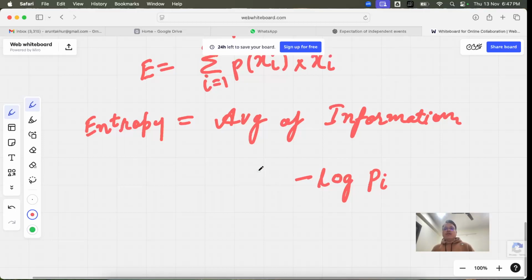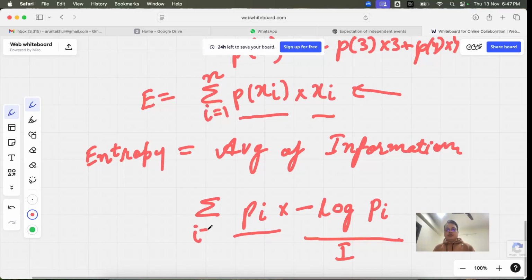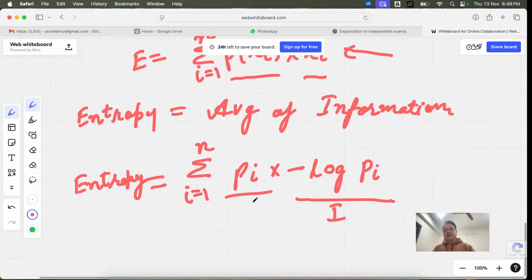To calculate the average over all events, I multiply it with pi, similar to the previous formula where we had the probability multiplied by the value. Here the value is the information and pi is the probability, and we sum over i equals 1 to n. This is nothing but entropy. So entropy can be seen as an average of information.